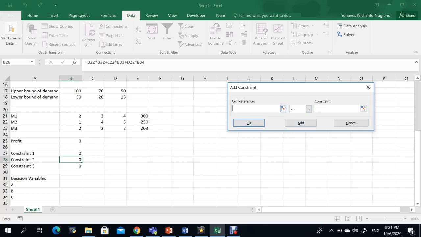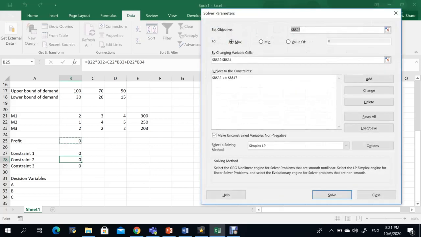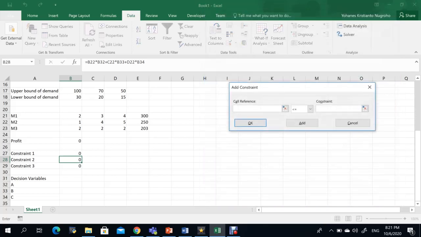And then we have to add again. Okay, we first add A should be less than or equal to 100, and then A again should be higher or equal to 30. We add again B should be less than or equal to 70, and again B should be higher or equal to 20.